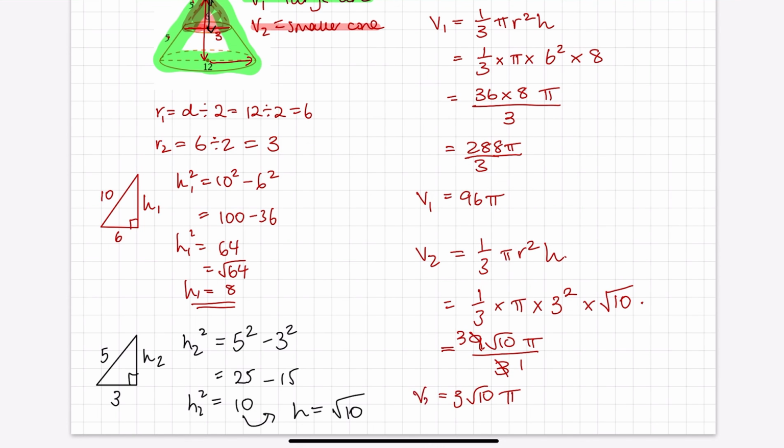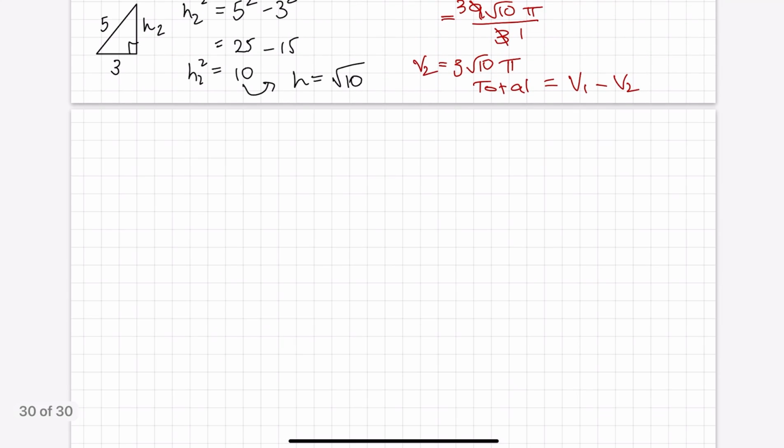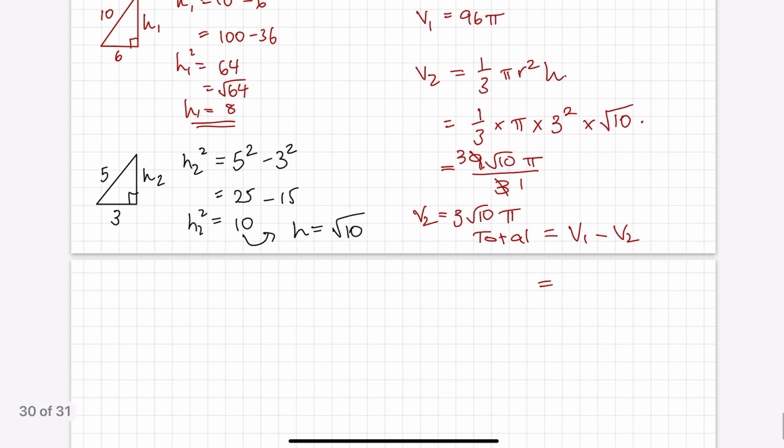Okay, so our total volume then, we don't add it in this case, we are now minusing it. We're going to minus the larger cone by the smaller cone. Okay, I'm going to go on to another page. So we're going to minus 96 pi by 3 root 10 pi.